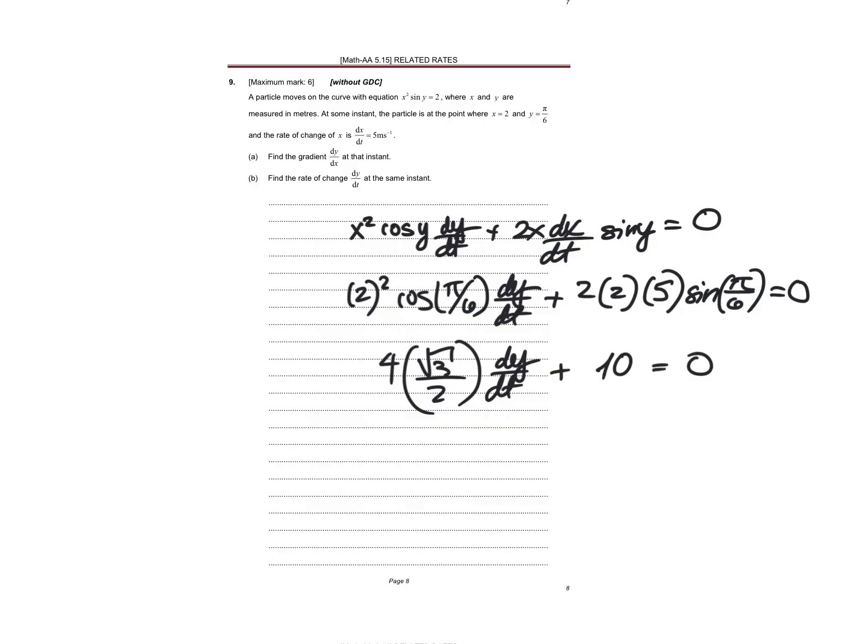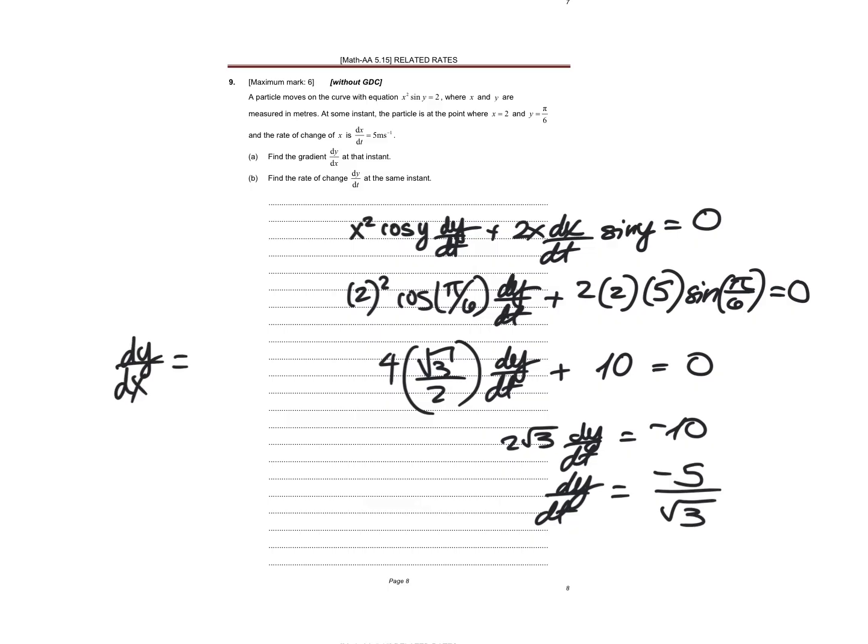So we're going to have 2 root 3 dy/dt is negative 10. So dy/dt is negative 5 over root 3. So dy/dx is dy/dt over dx/dt.